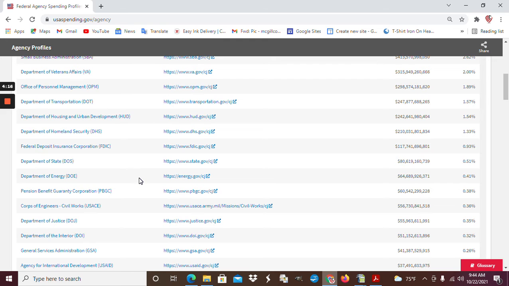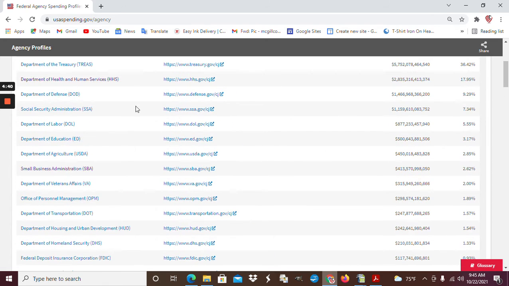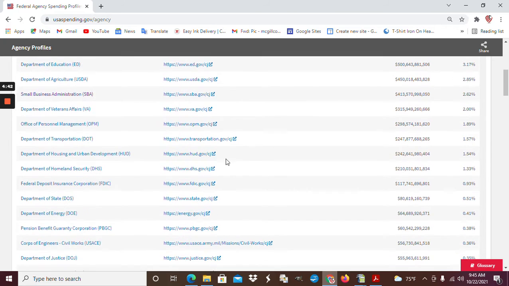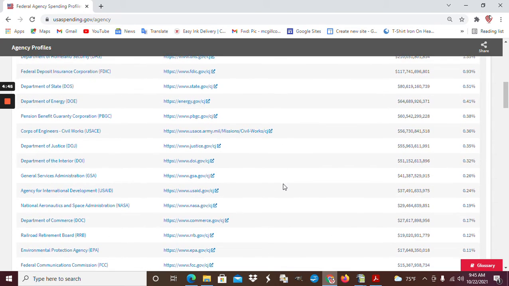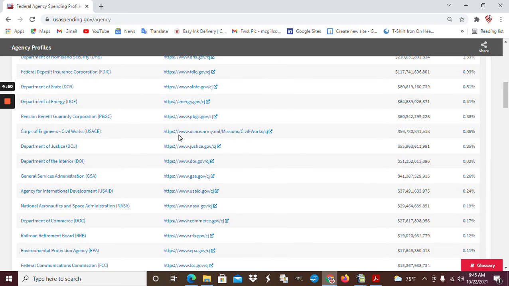You go down here. Let's take a look at the Corps of Engineers. They're at 0.36%. You look at it and say, well, hey, that's not a lot, but these guys buy more construction. They spend more of their money on construction and civil works than any of these top 10 up here. If you're in the construction business, then the Corps of Engineers is where I would be.